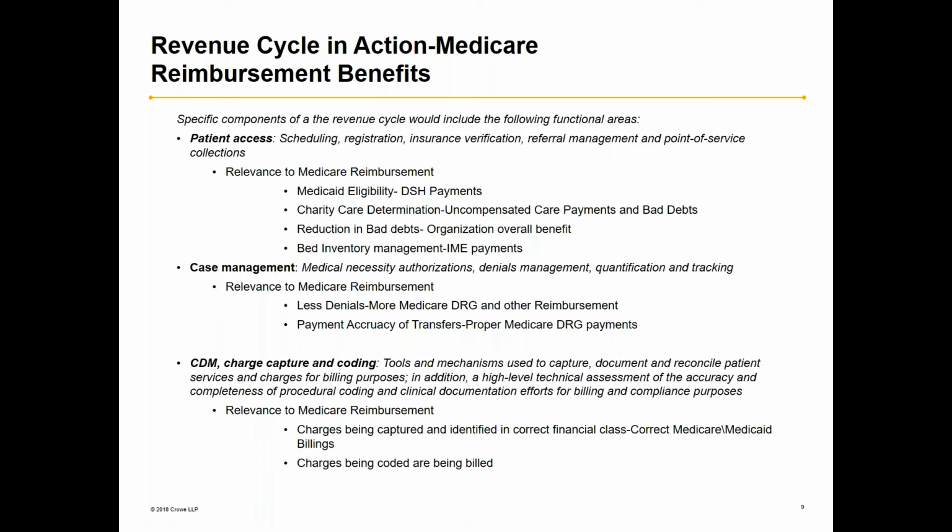So just a few areas under each one of those things that we just talked about, with that front end access, the patient access. When we're talking about the DSH payments, it's extremely important that we have identified all of our Medicaid eligible patients, or those that would be eligible for Medicaid that do not yet have Medicaid as an insurance.